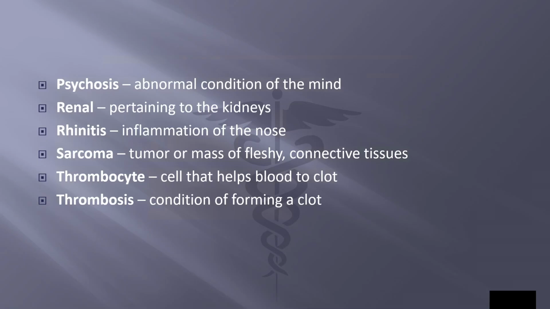Thrombosis describes the condition of forming a clot. If a piece of clot breaks off and travels elsewhere, it is called an embolus. A pulmonary embolus may start from a clot in the leg and travel to block a blood vessel in the lung. Remember that pulmono, coming from that term pulmonary, means lung.